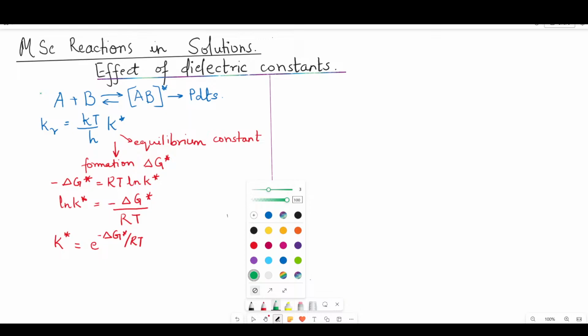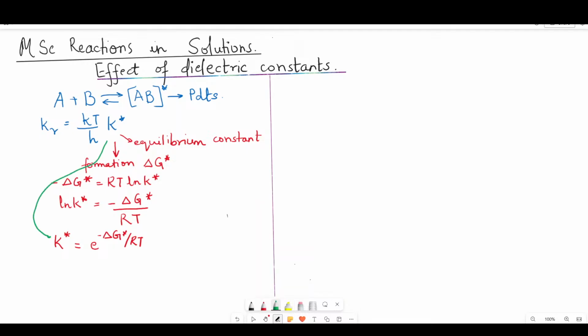On substituting this value of K star in this equation, what we get is Kr is equal to Kt by h into e raised to minus delta G star divided by RT.